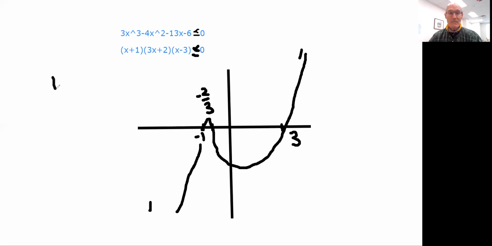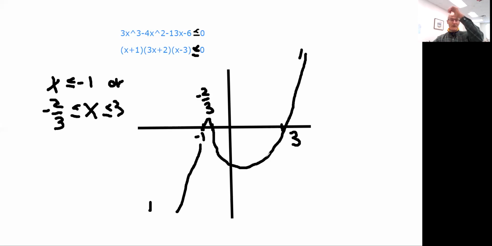So I can say x is less than or equal to -1, or x is between, so I get x is greater than or equal to minus 2/3 and less than or equal to 3.